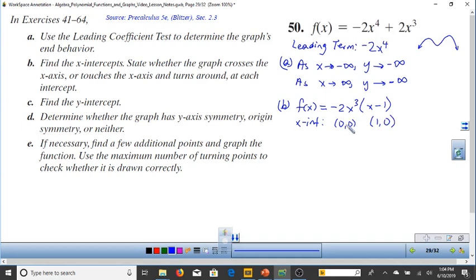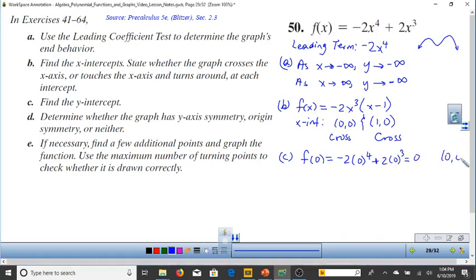And in this case, the multiplicity at 0 is 3, so it crosses there, but it's going to linger a bit before we move on. And at 1, it also crosses because that multiplicity is 1. The y-intercept is f of 0, which we can see is 0. So the graph crosses through the origin.